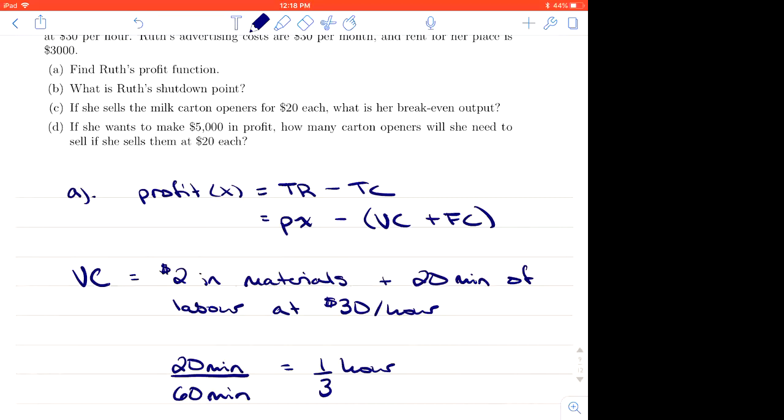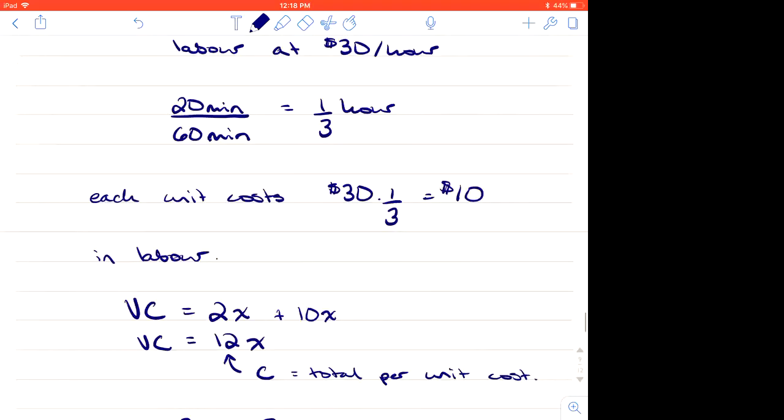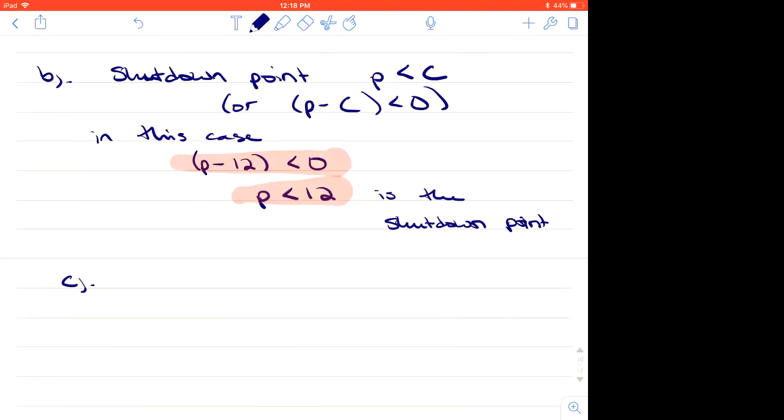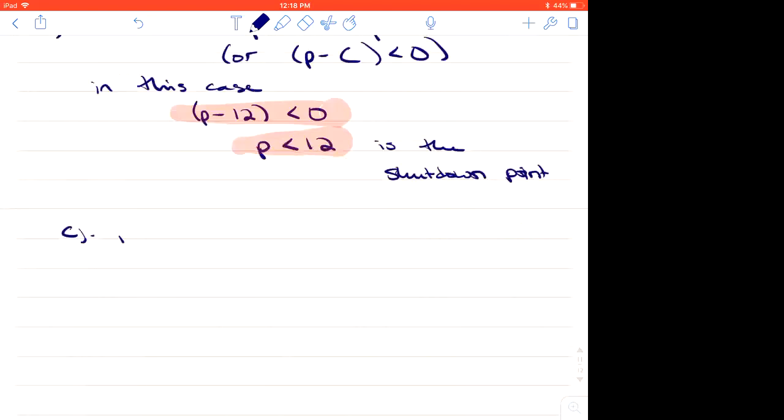Cool. So now we're told she's going to sell these for $20 each, so P is going to be 20. What's her break-even output? How many does she need to sell to break even, moving from that negative profit to a positive profit? So part C, let P equal 20.